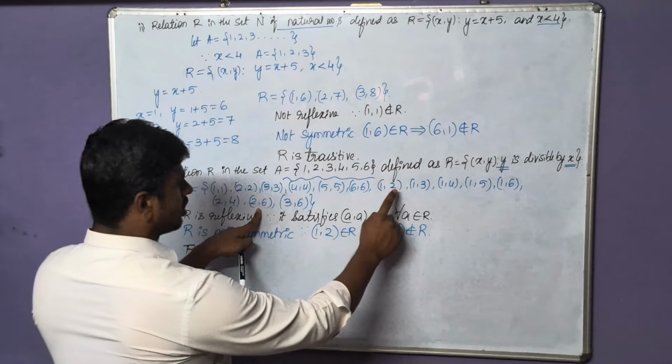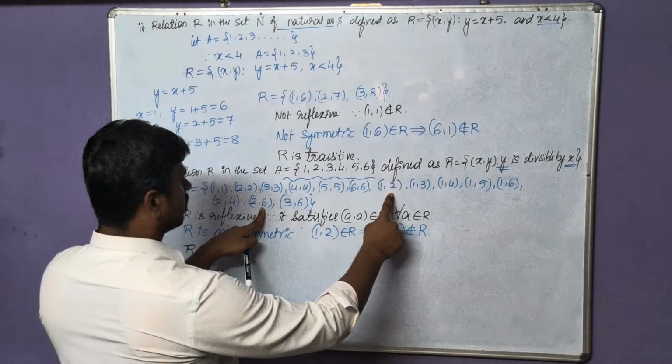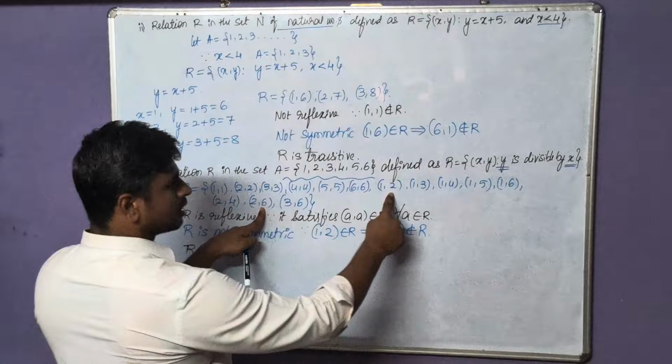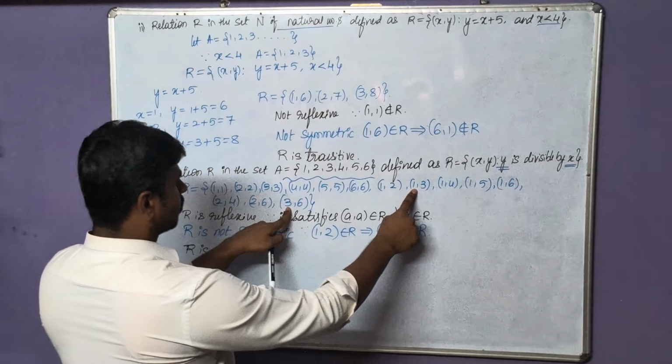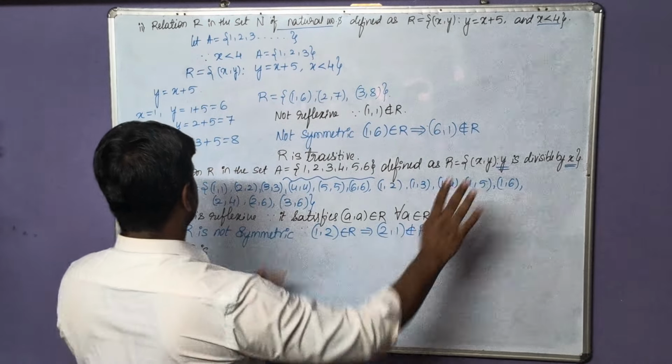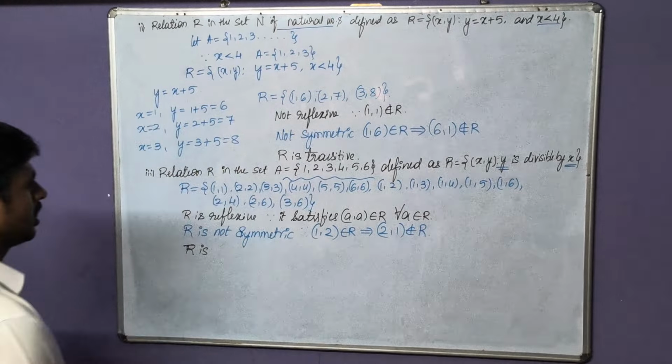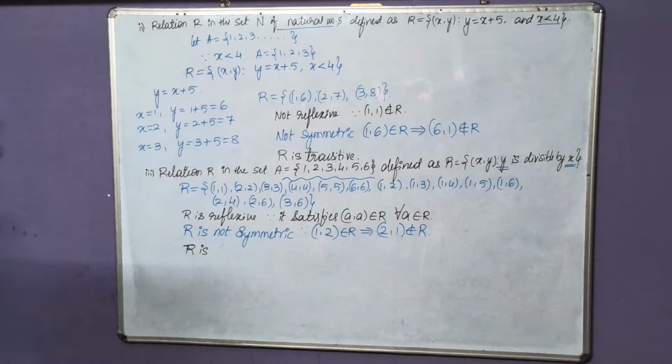And even if I consider (1, 2), (2, 6), then (a, c) will become (1, 6), which again we have written. And then (1, 3), (3, 6), and (1, 6) is also there. That means the given relation is satisfying the transitive property.